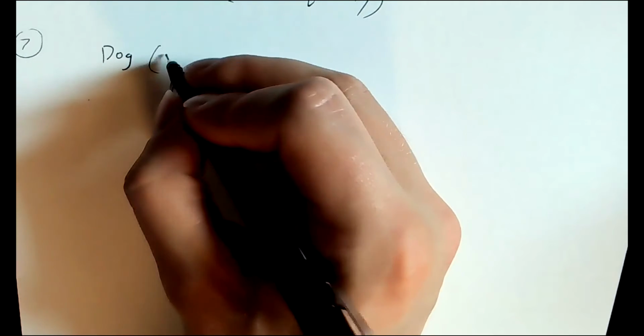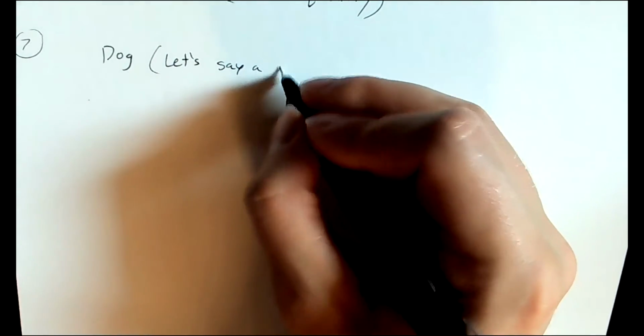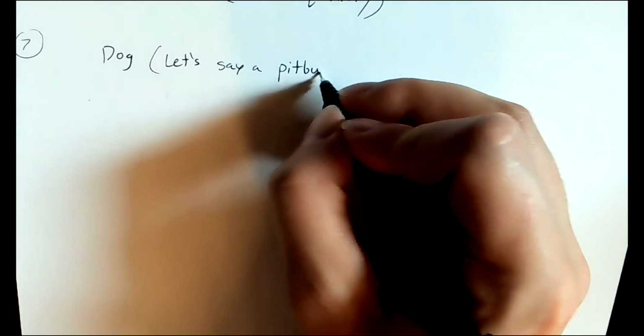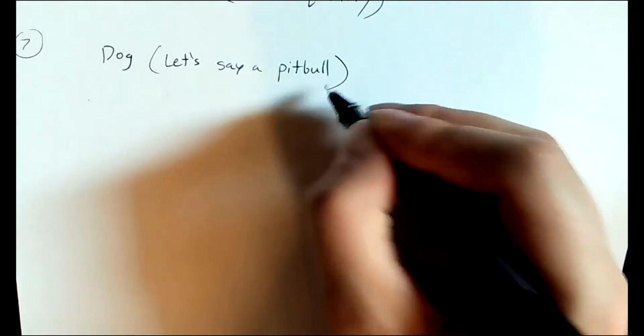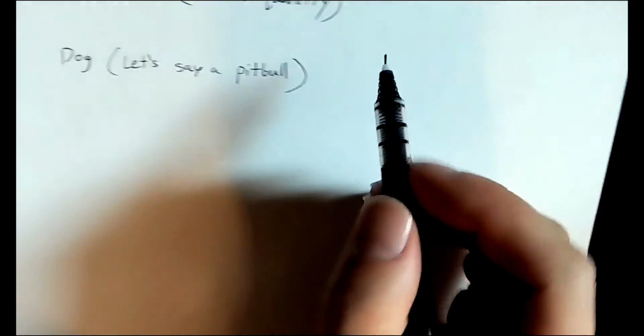So you have a dog. We're going to say he's a tiny dog. Well, not a tiny dog. Let's say a pit bull. So he's not like the biggest of dogs, but a pretty decent sized dog.